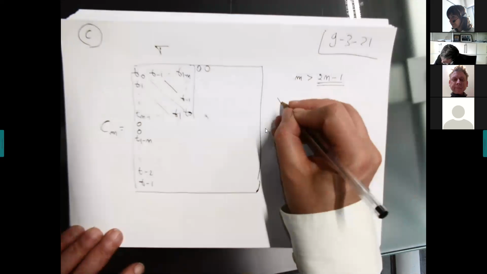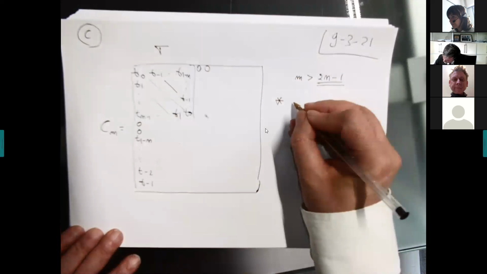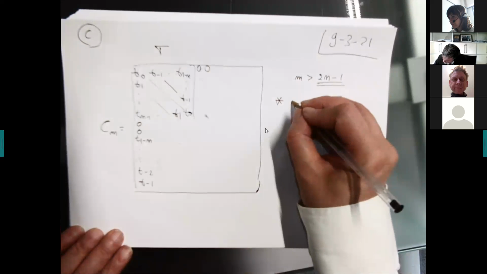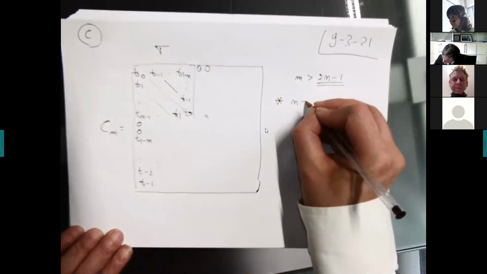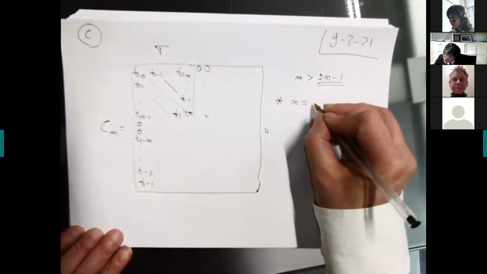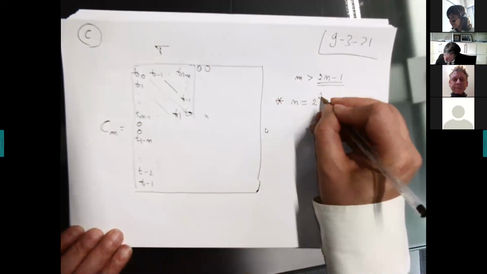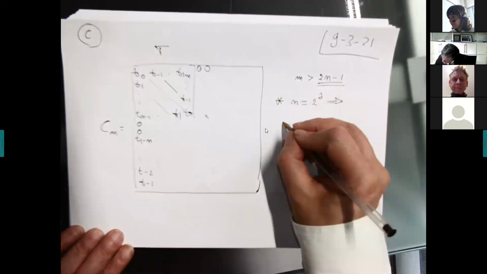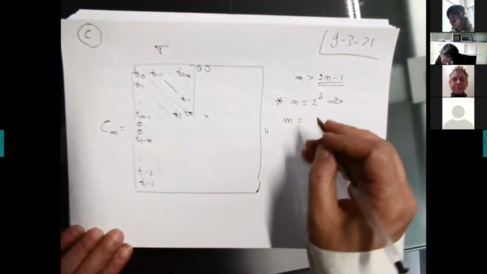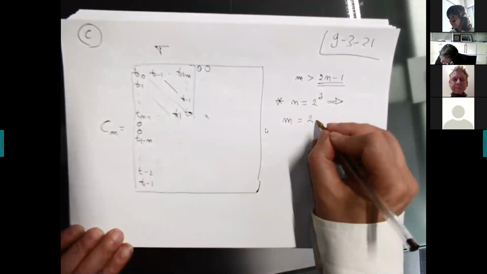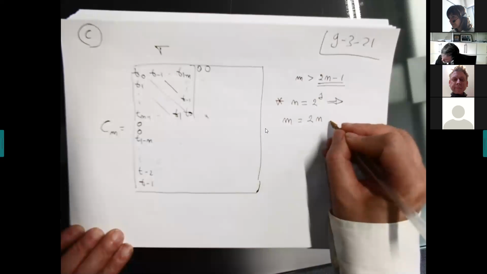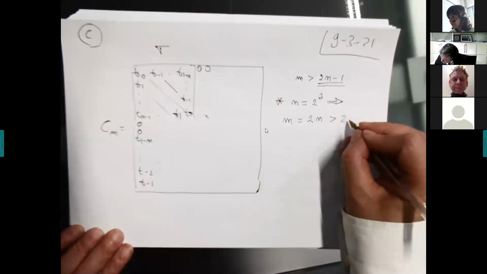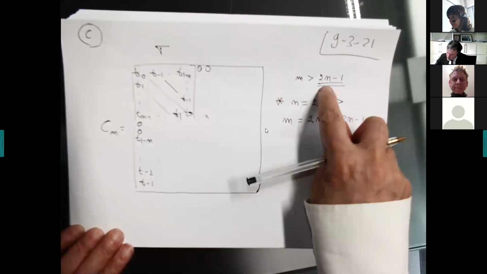Then, by cases, if n is already a power of 2, then we take m, the size, equal to 2 times n, which is larger than 2n minus 1, which is the constraint.